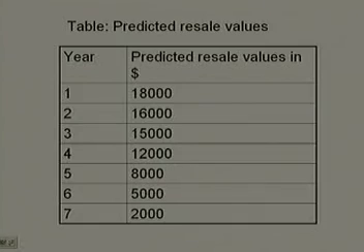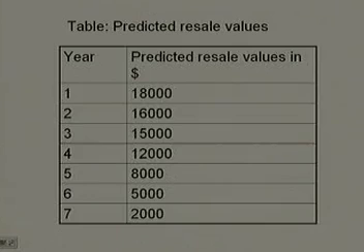So, we have to identify that particular point at which the total cost is minimum. Beyond that, if you want to keep that equipment or that asset, it would be uneconomical. So, that is the ideal time for replacement of that particular equipment. We have to perform this calculation year by year, at least for the next 7 years.